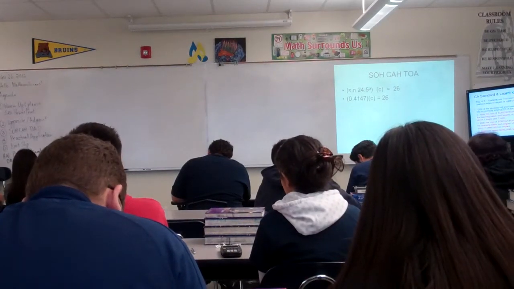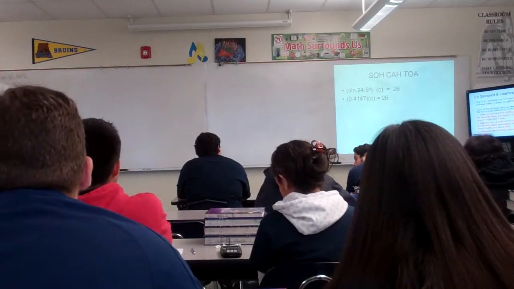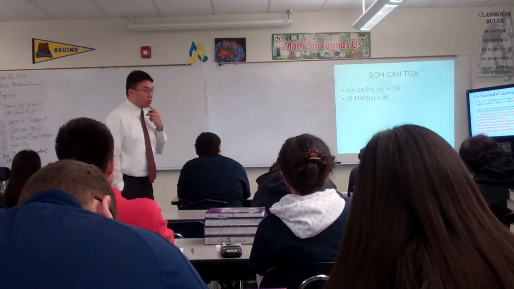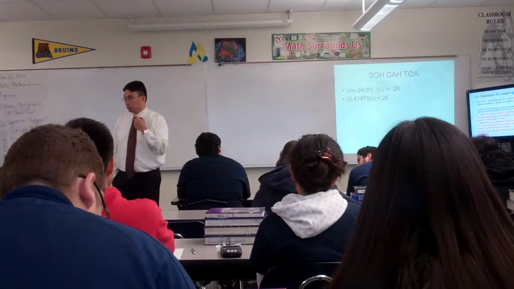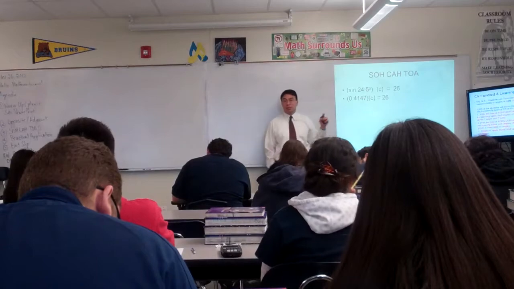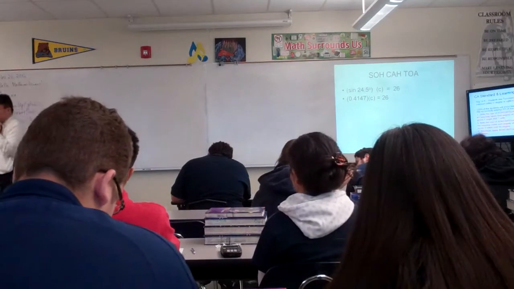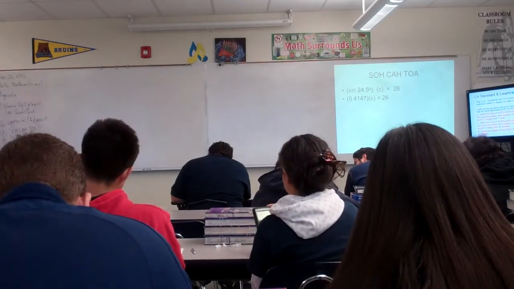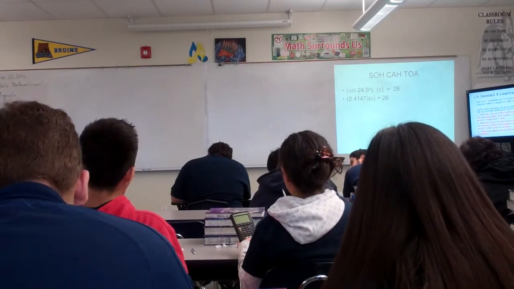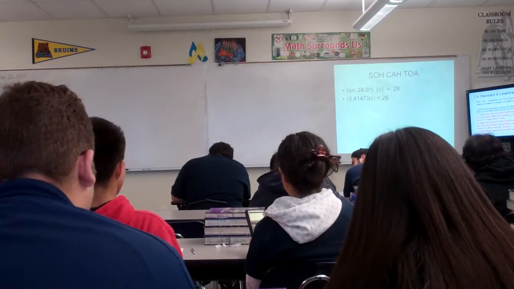Okay, we're trying to isolate C. So what do we do with 0.4147? You're trying to isolate C. So you divide 26 by 0.4147. Yeah, you're trying to isolate C. Divide. What's our answer if we divide? What's our answer? 0.05956.